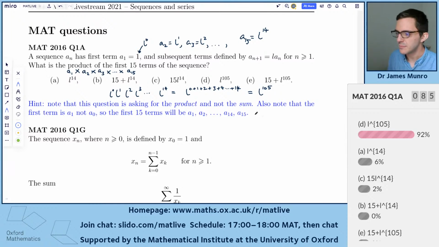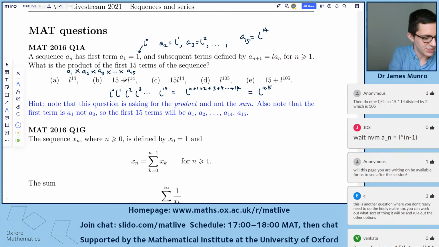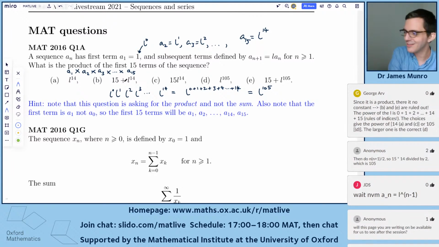Okay, good. Right. Debrief. Back to chat. So were people sneakily checking? I like it when people try and eliminate options in multiple choice questions by checking what happens for special numbers. So if L equals 0, then this is the sequence 1, 0, 0, 0 forever.